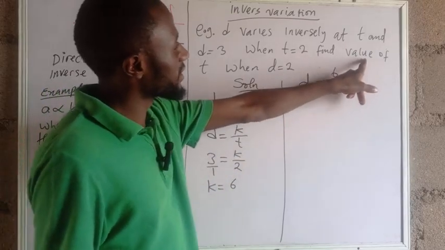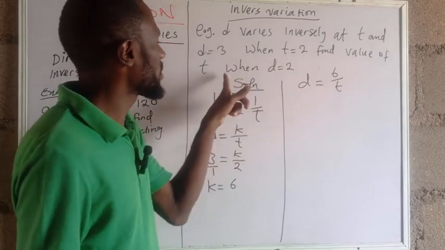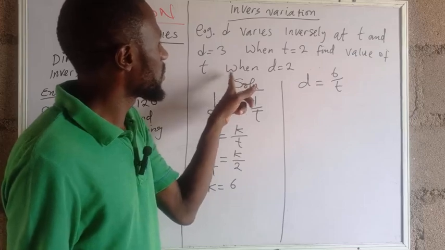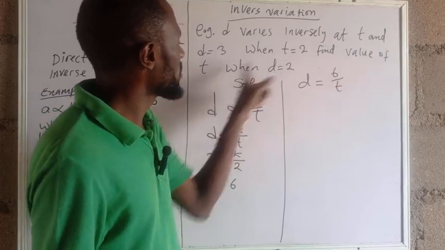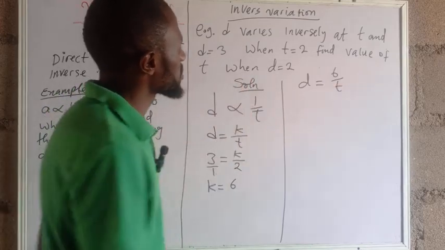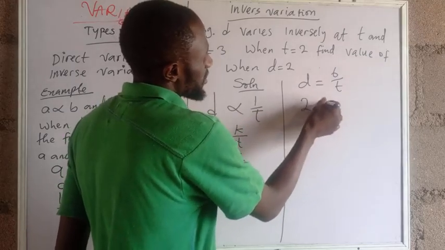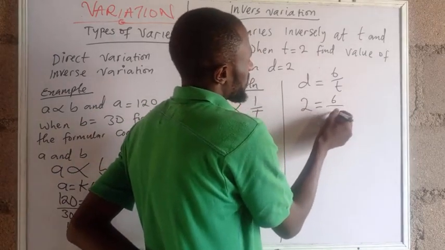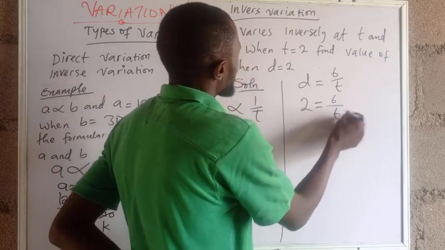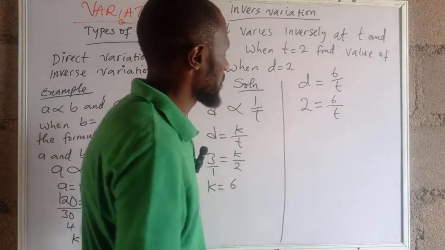We are asked to find the value of T when D is equal to 2, so 2 is equal to 6 all over T. We are looking for the value of T now.